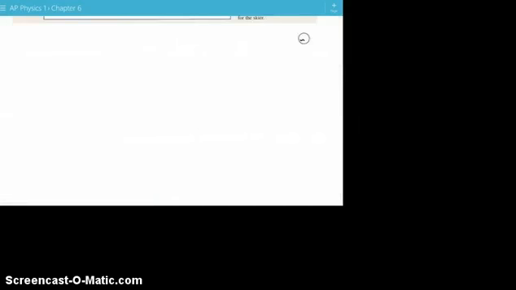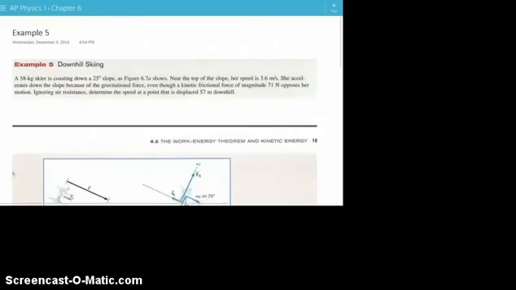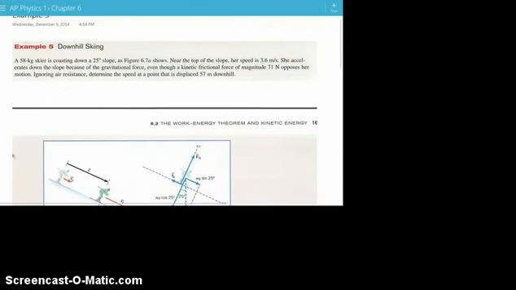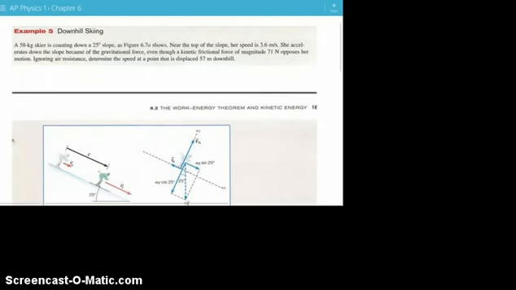And we're used to doing this in inclined plane problems. So I'm just going to draw a box, got our person. The force pulling her down the incline is just the force of gravity, and we have a kinetic frictional force that's opposing her motion that's 71 newtons.